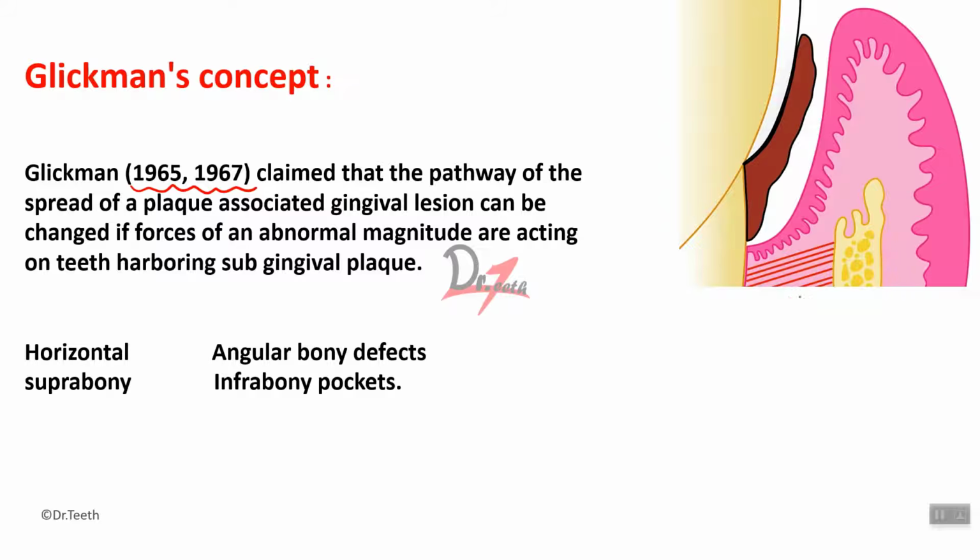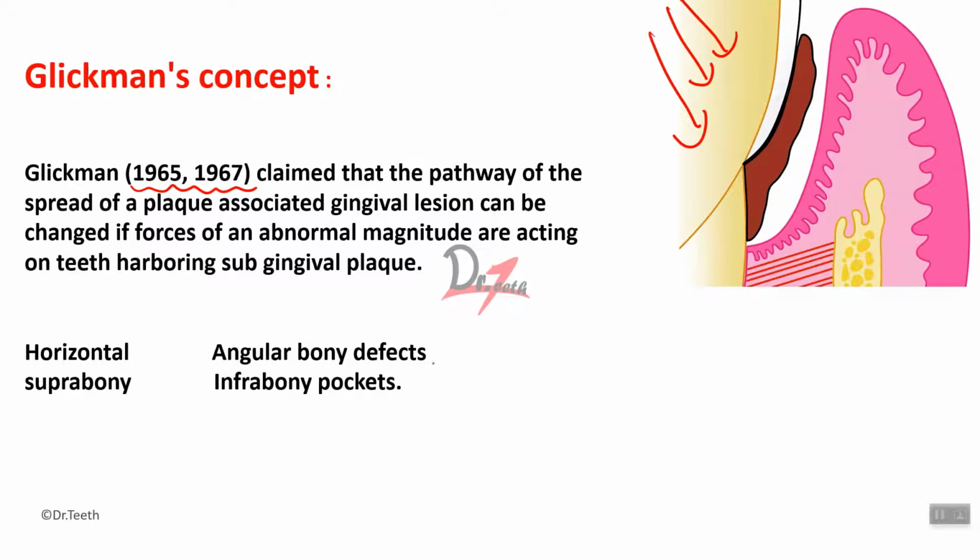So what does this exactly mean? It means that if a tooth is present with subgingival plaque, then obviously it will lead to some kind of gingivitis and periodontal destruction. But if this particular tooth, in addition to the plaque, is also exposed to abnormal occlusal forces, then there is an alteration in the pathway of spread of inflammation.